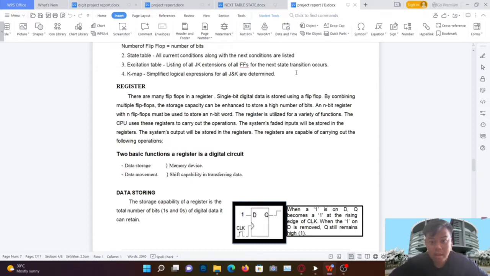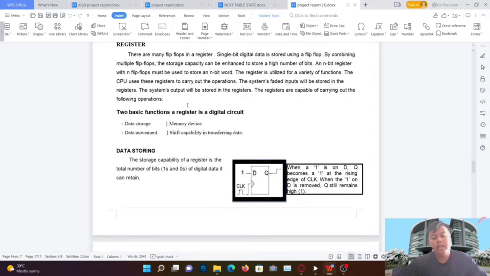The register is utilized for a variety of functions. The CPU uses the register to carry out operations. The system's input will be stored in the register. The system's output will be stored in the register. The registers are capable of carrying out the following operations.